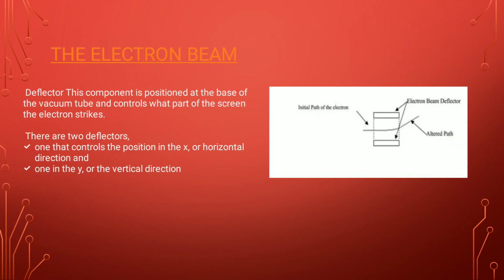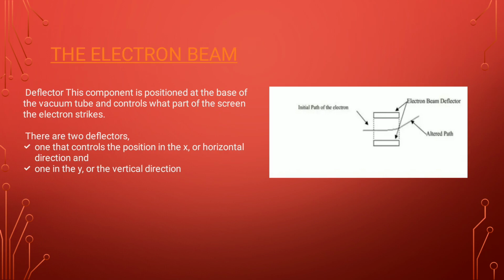Now the electron beam deflection. In this diagram, the initial path of the electron was a straight line. The electron beam deflection alters the path of the electrons.